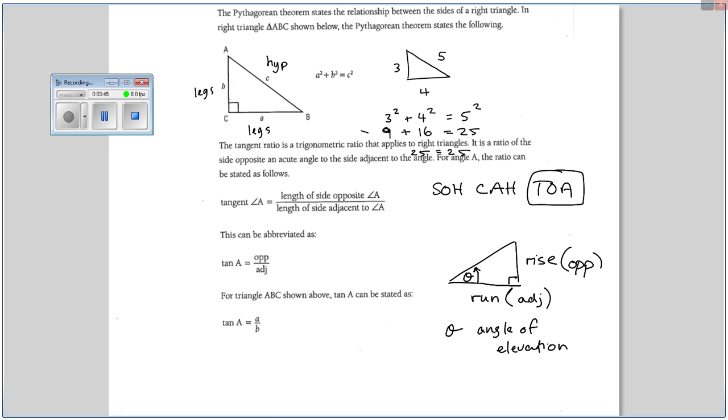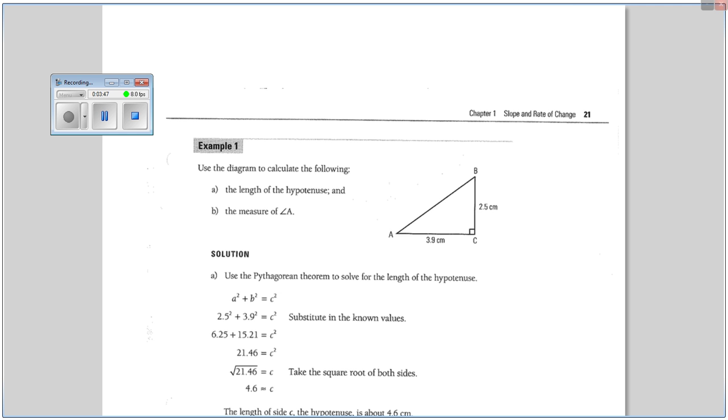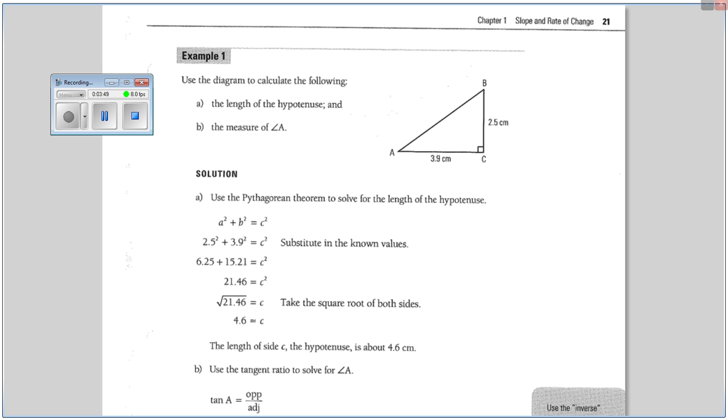Okay, let's jump into the second page. All right, let's take a look at this example. And I want you to write in bold letters somewhere on this page: use Pythagorean to solve for length.